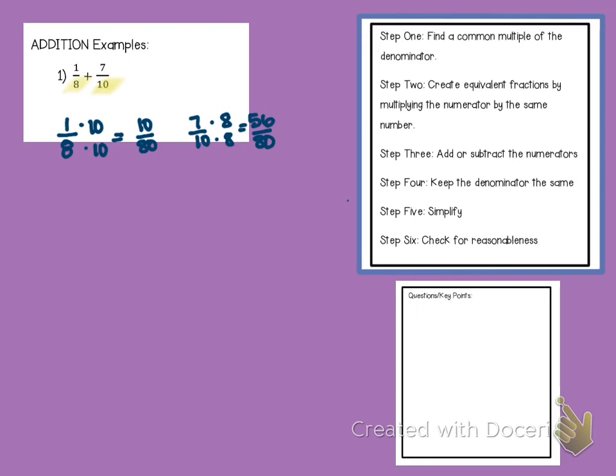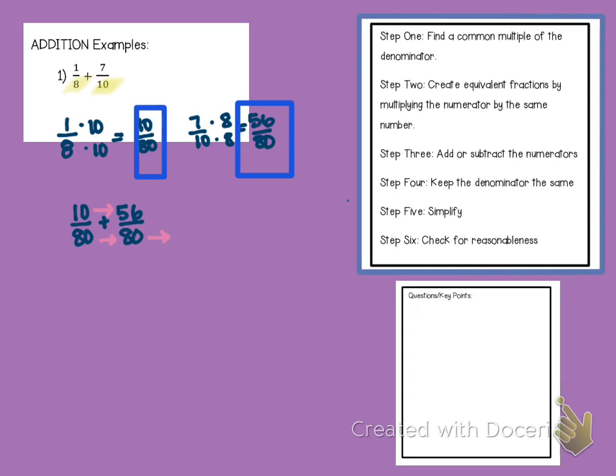So now that these have common denominators, we are able to add them. So we're going to write our new fractions, which is 10 over 80 plus 56 over 80. And when we add our fractions, we want to add straight across on our numerator, and that sends our denominator to stay the same.